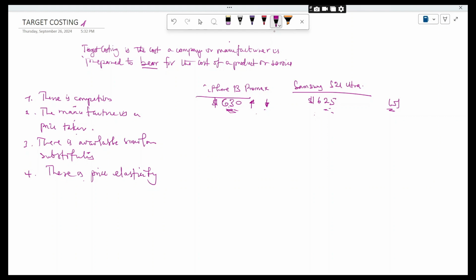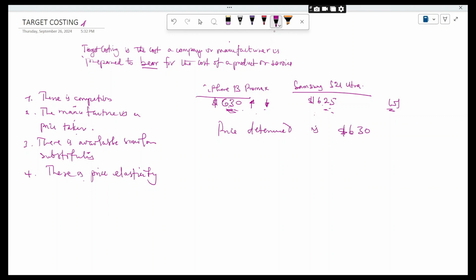Great. So let's take it for instance. The market is hovering around 625, 630. So the price determined is 630 US dollars.